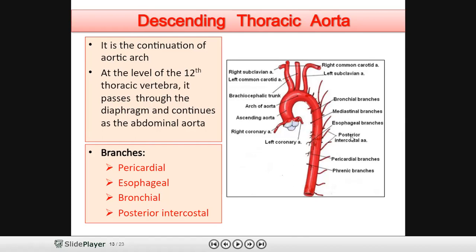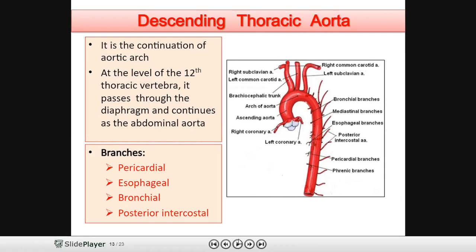And then we have the posterior intercostal arteries, which are supplying the intercostal muscles around the rib cage, okay? And then you have the pericardial branches, which are going to supply the pericardium, which we said is the layer where the heart is located. And then it also gives off some phrenic branches, and these phrenic branches are going to supply the diaphragm.